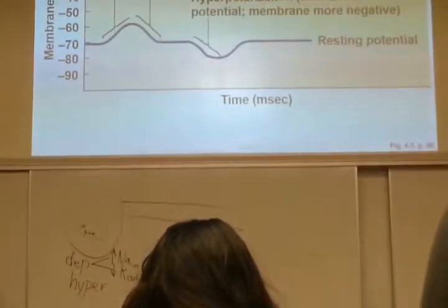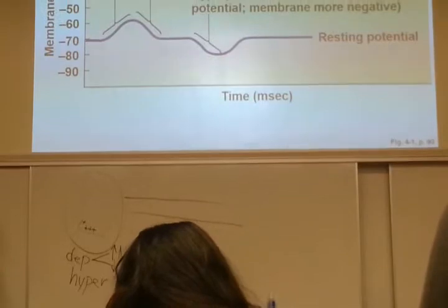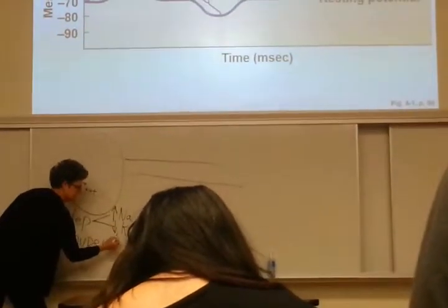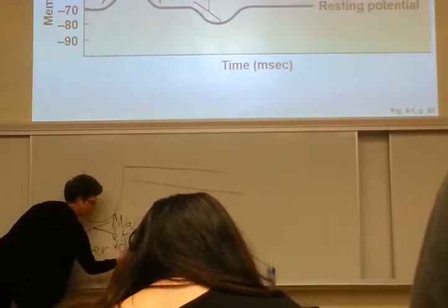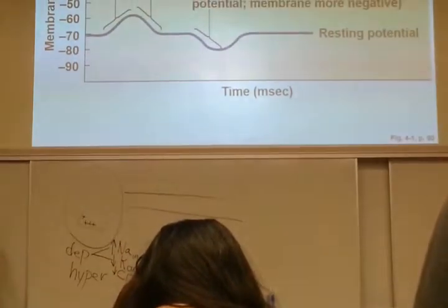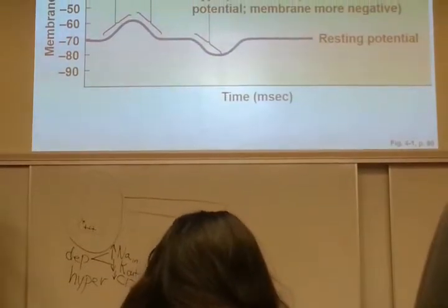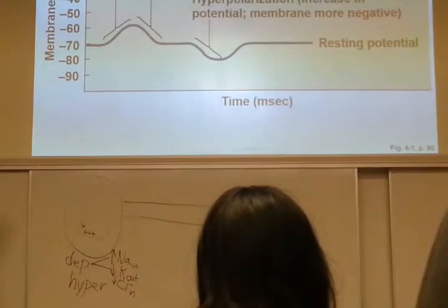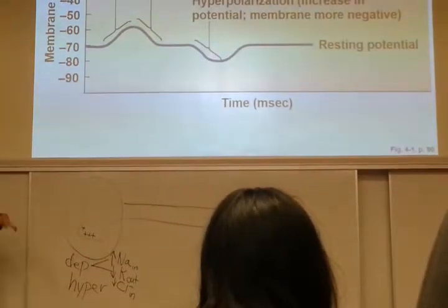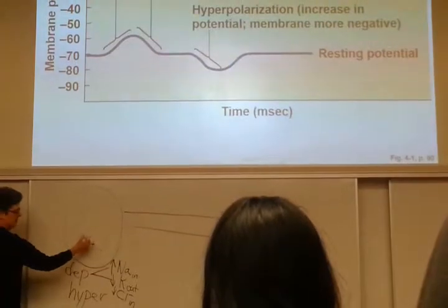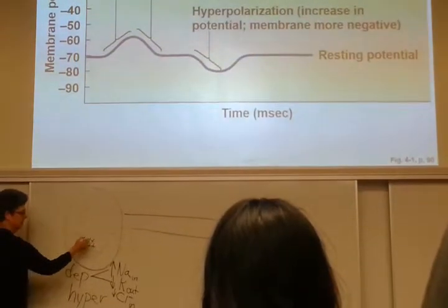Since chloride is normally leaking into the cell, if you decrease the entry of chloride going into the cell and the ATPase is pumping it out, then you have negative charges leaving the cell and not entering the cell, which leaves positive charges behind.